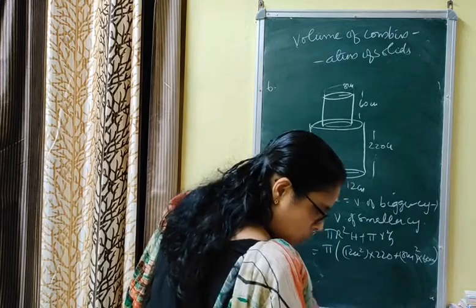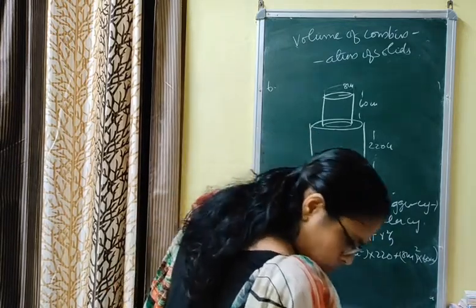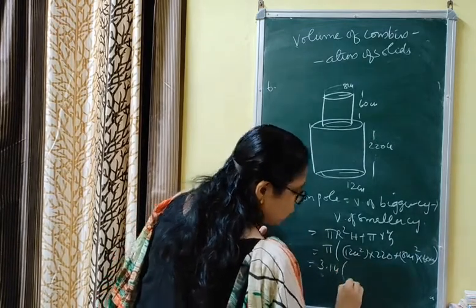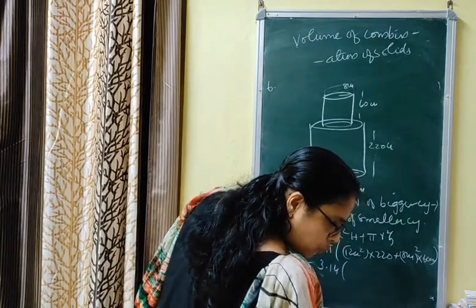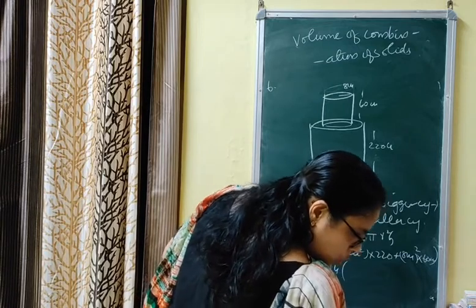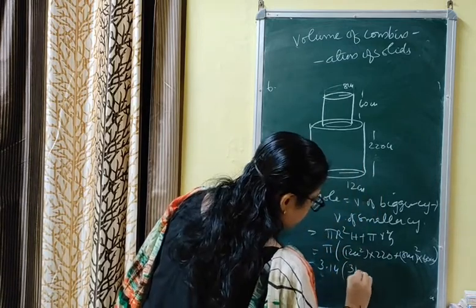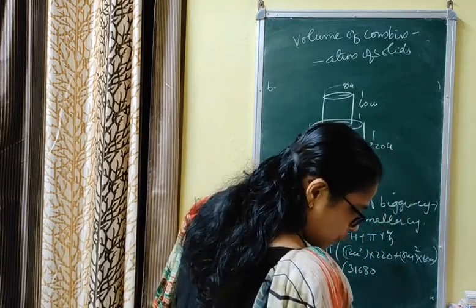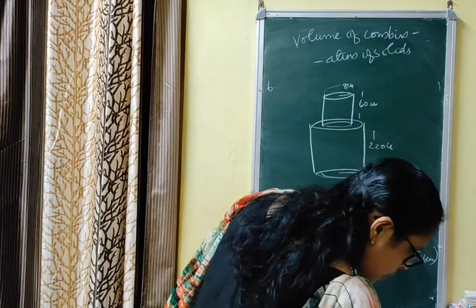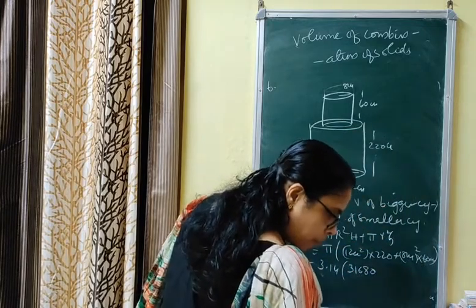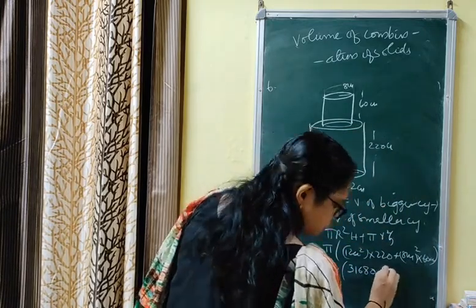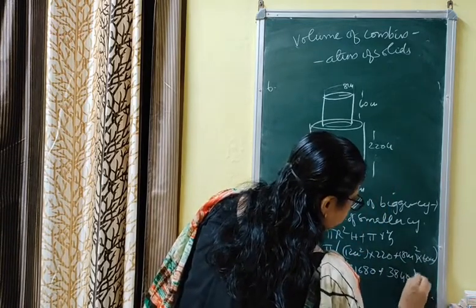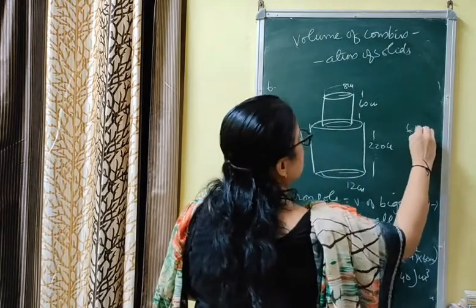Now, if you solve this, you are asked to take pi equal to 3.14. That is 3.14 into 12 square, which is 144. 144 into 220 is 31680, plus 64 into 60, which is 3840 cm cube.